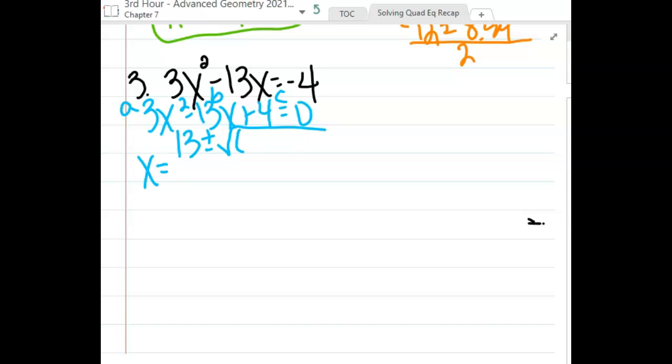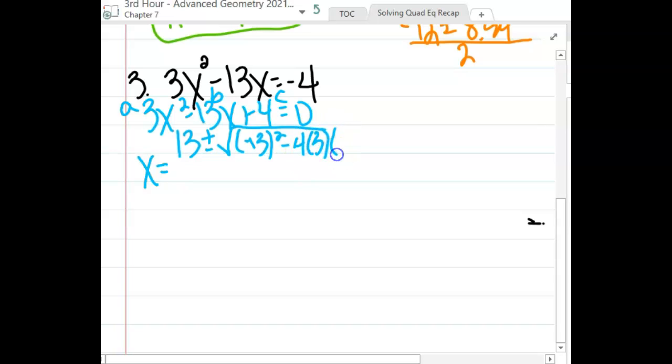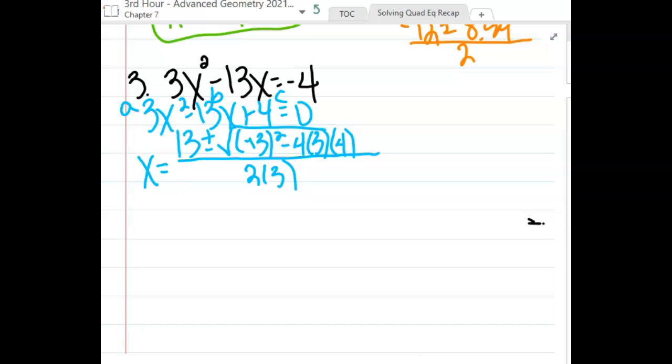So if b is negative 13, you are squaring the negative and the 13. You're squaring the sign as well. So it's going to be negative 13 squared minus 4 times a, which is 3, times c, which is 4, all over 2 times a, which is 3.